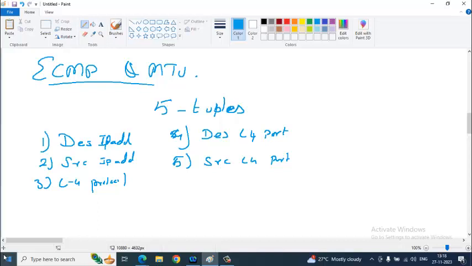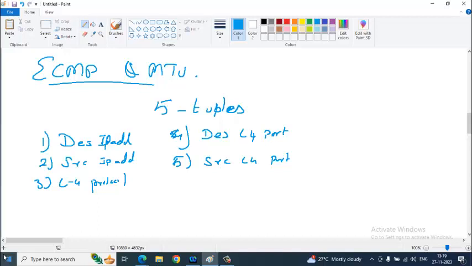Out of these 5, for one of the traffic, if any one of these is different, it will take a separate path. If all these 5 are the same, if everything is identical, then it is going to take the same path, because it's the same workload.